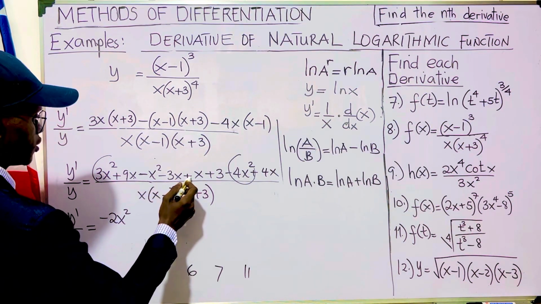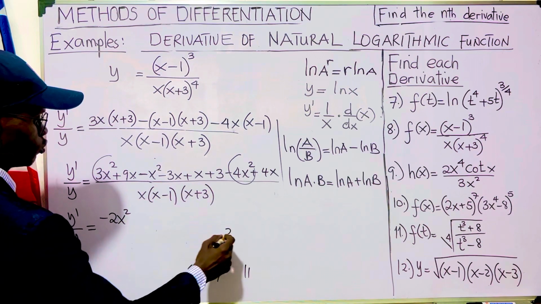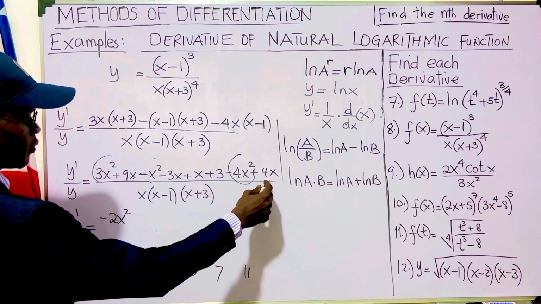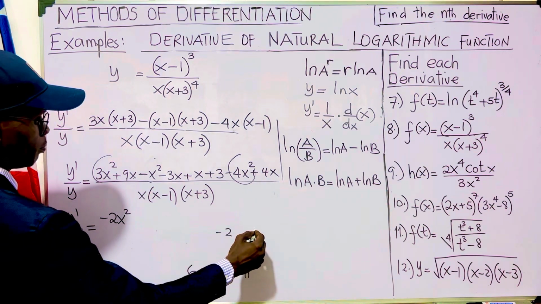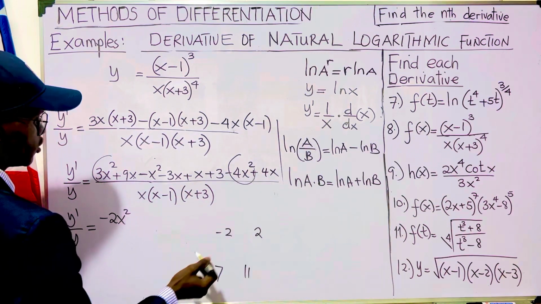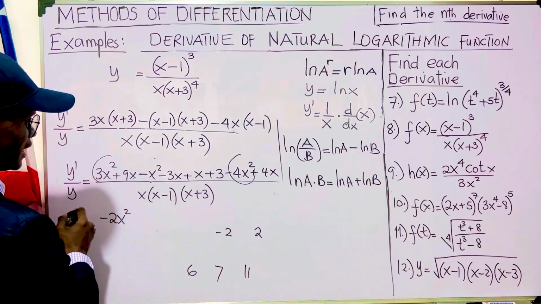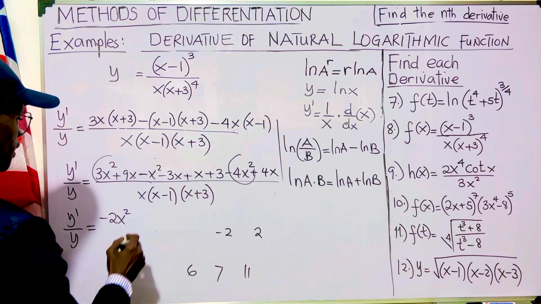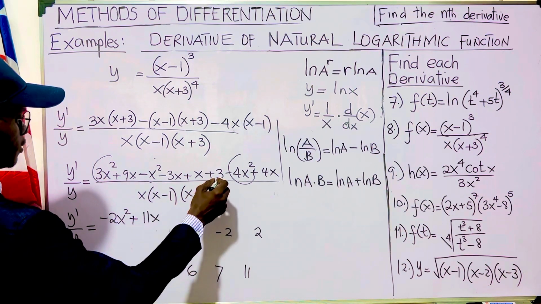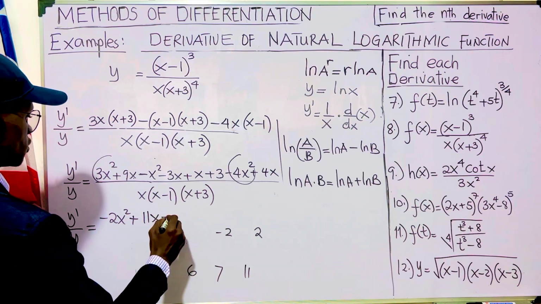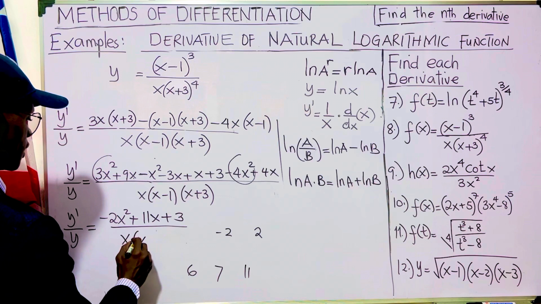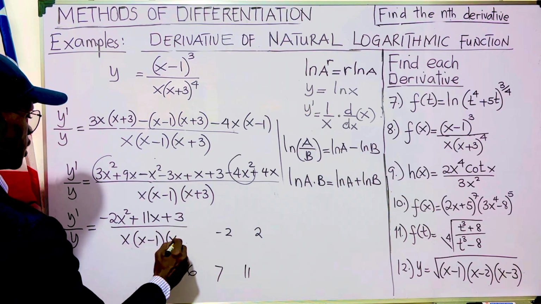Minus 3 plus x is just 2, minus 2, and then we take 4 from here, we have plus 2, or we can take 2 from within 4, we have plus 2. Plus 2 plus 9 is 11. So this is plus 11x. We'll go to the constants, so it's just 3. So this is plus 3. All divided by x minus 1, x plus 3.